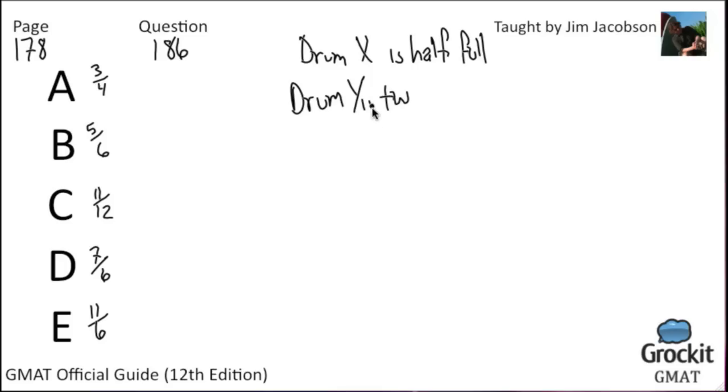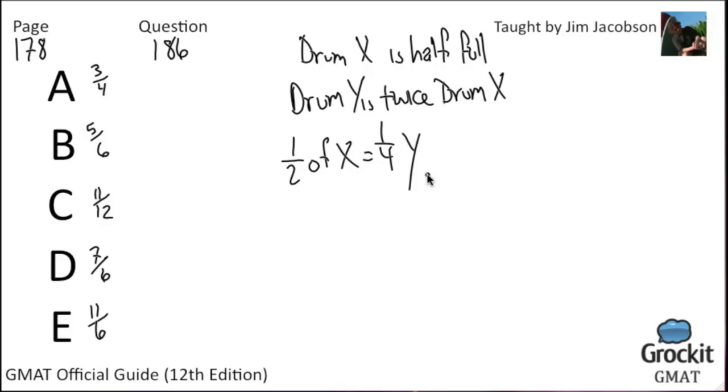So drum Y is twice drum X. So 1/2 of X equals 1/4 of Y, because Y is twice as big. So we just add these 2 fractions together.